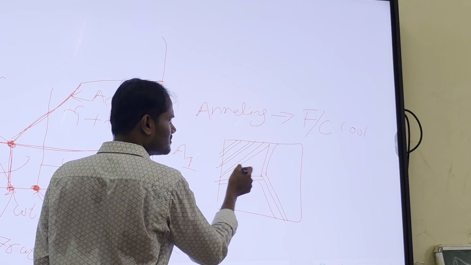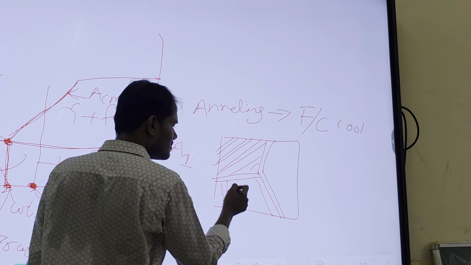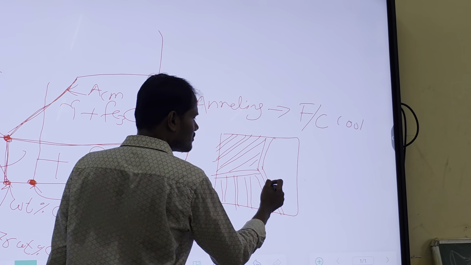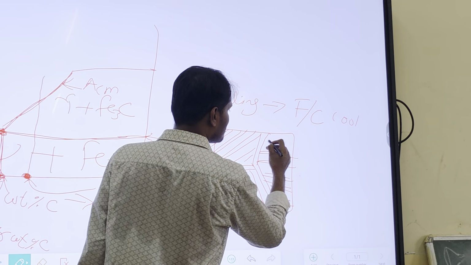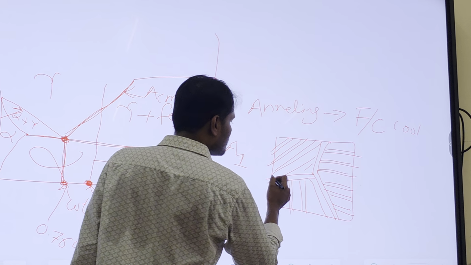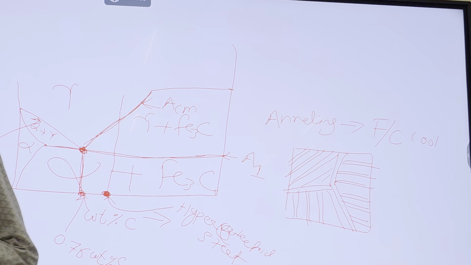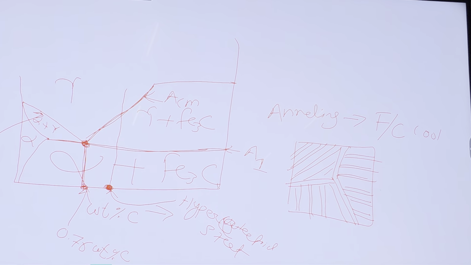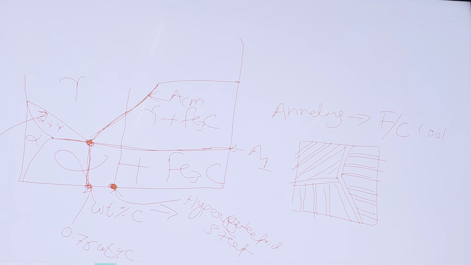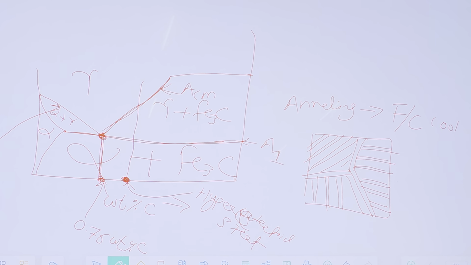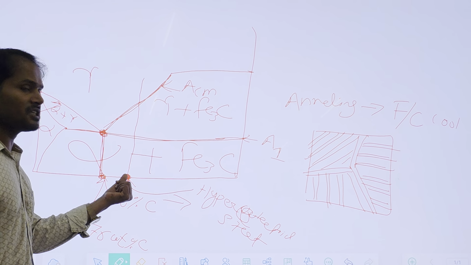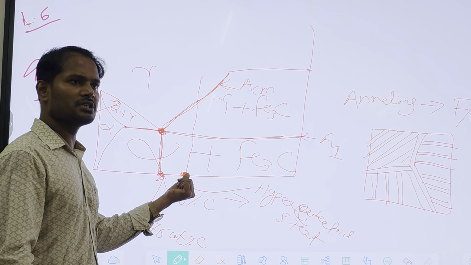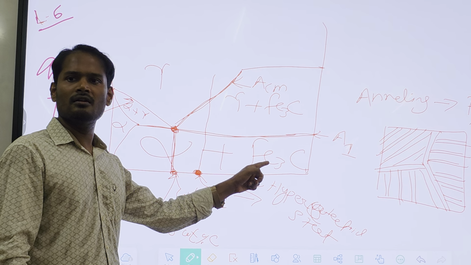What are these? These are lamellar structures. One band will be your cementite, one band will be your ferrite. Cementite and ferrite. You will see that in this composition, you have alpha and cementite, right?